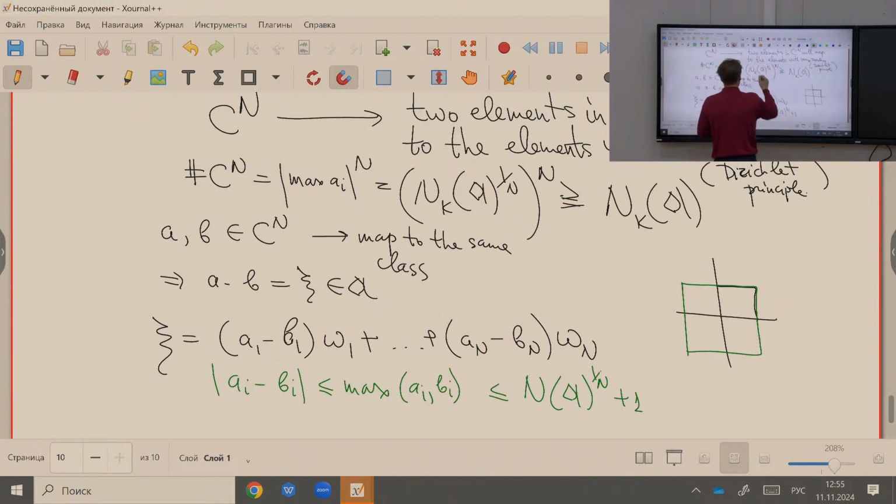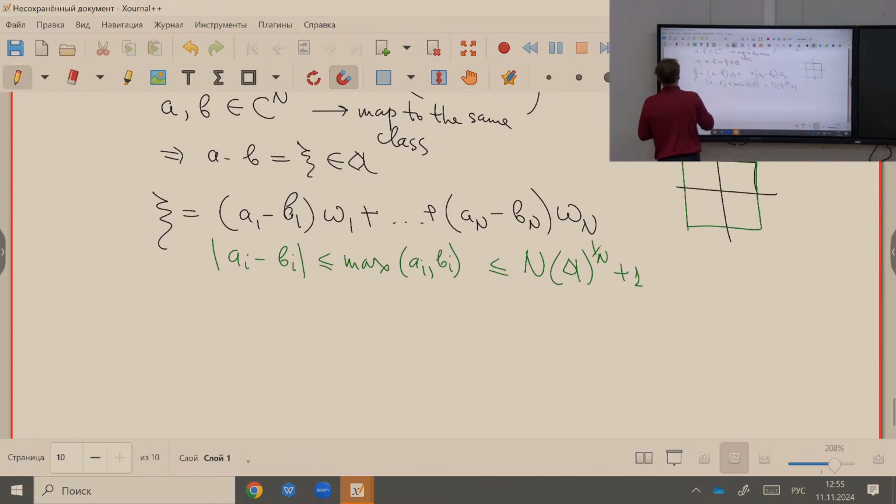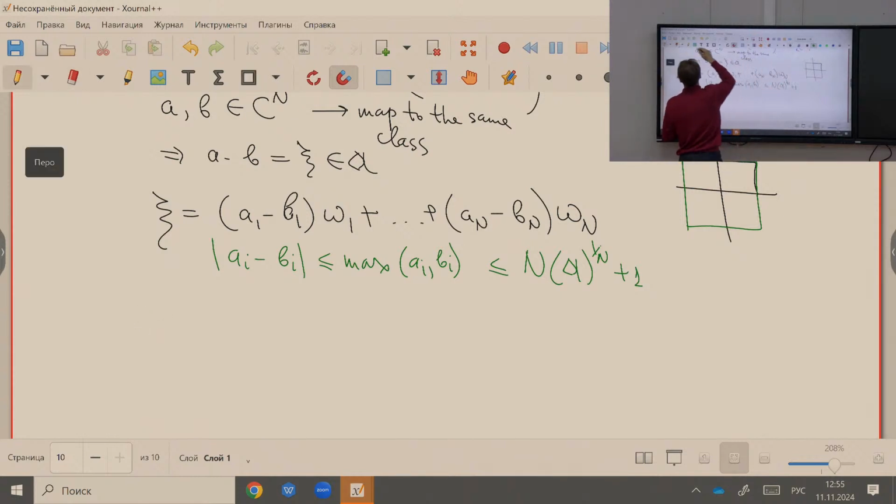So now, let us calculate the norm of psi. I claim that it will also be bounded, and we shall write down the estimate.